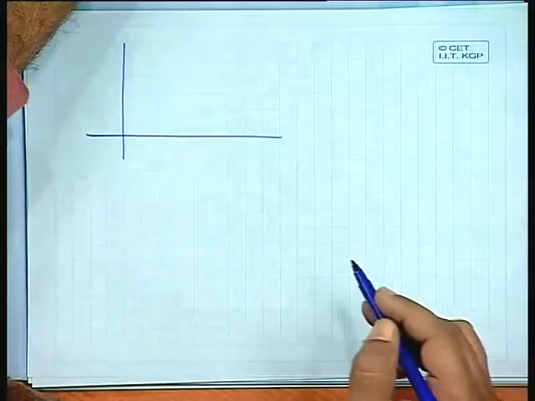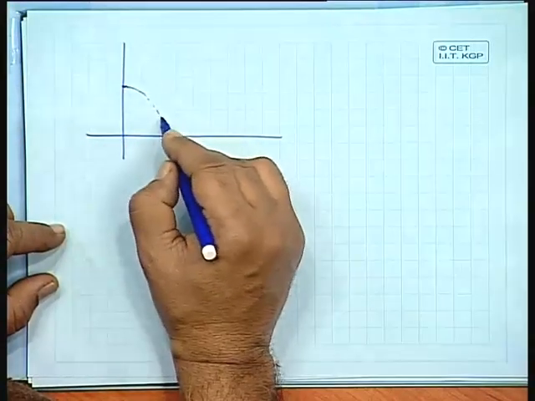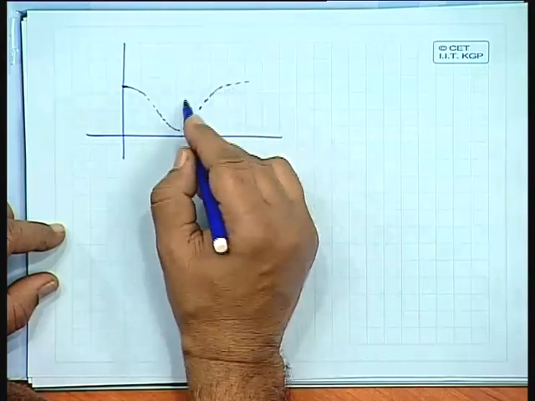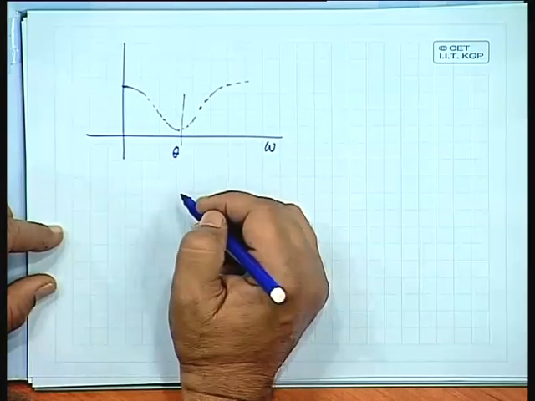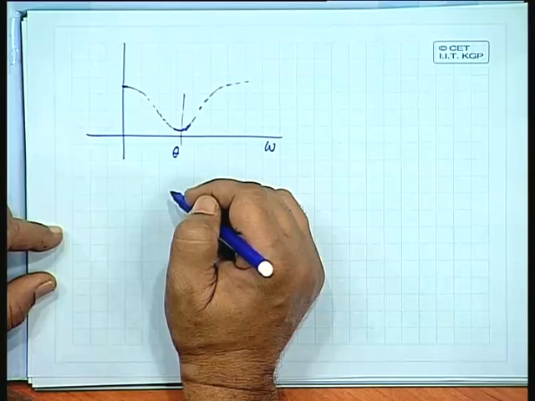So, it starts from some finite value, it reaches a minimum here and again it goes up. At omega equal to theta approximately, you get a filter like this.